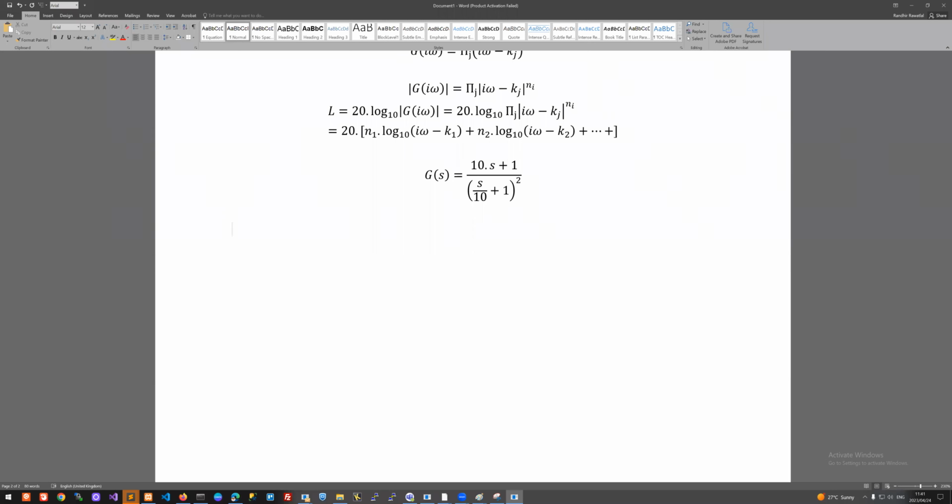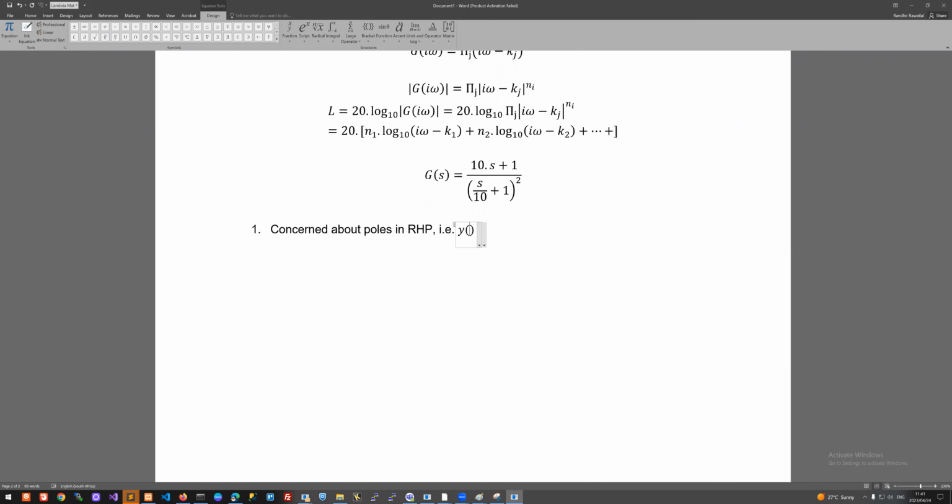So number one, remember that we are concerned about poles in the right-hand plane. So in other words, we know that our solution y of t is equal to some constant k1 times e to the power of alpha 1 plus i beta 1, times t.